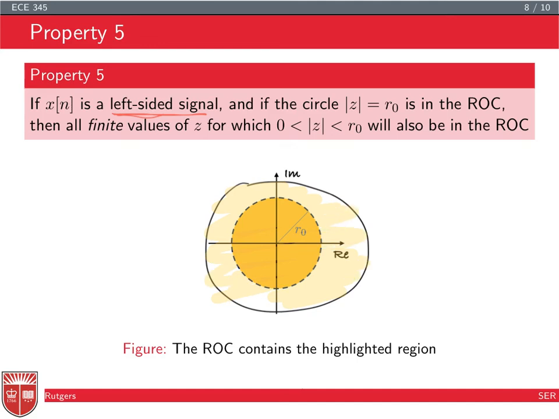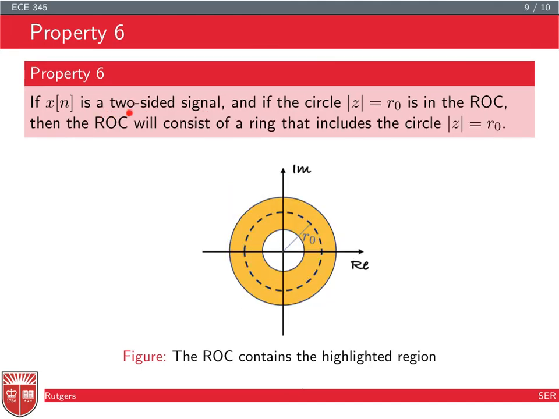If the circle with radius r0 is in the ROC, then also the interior of the circle must be in the ROC. You can compare this to the example of the exponential signal that is left-sided. All these properties, you can think of them as generalizations of things you've seen before.